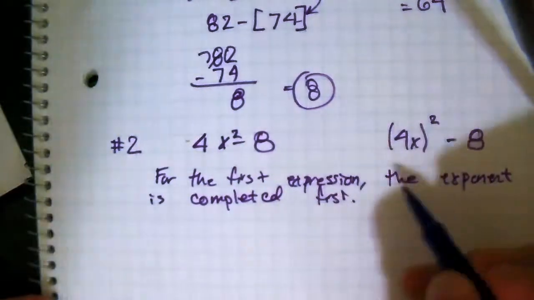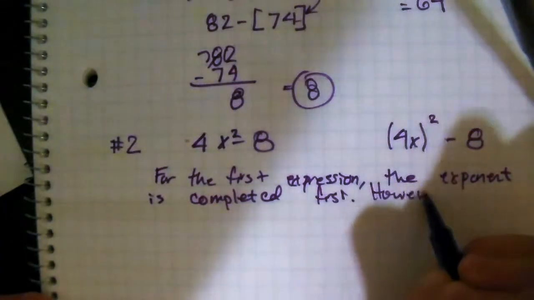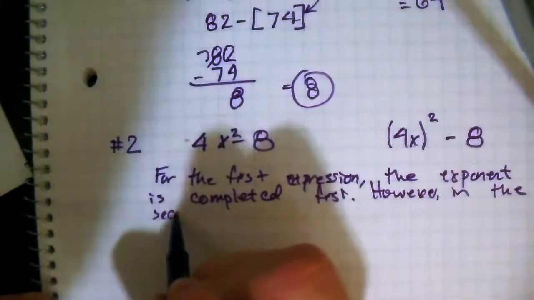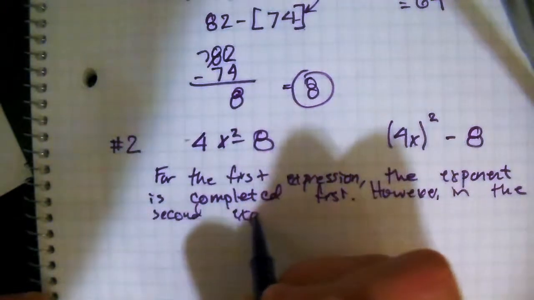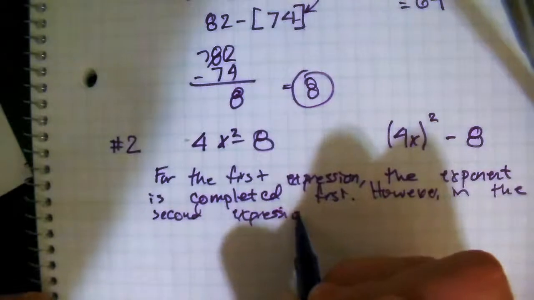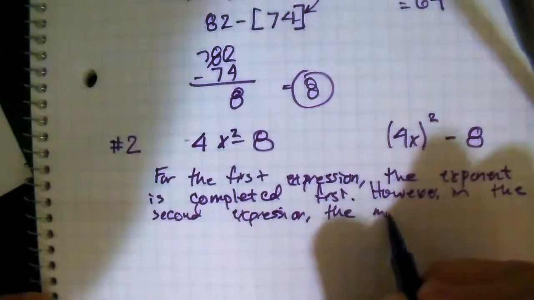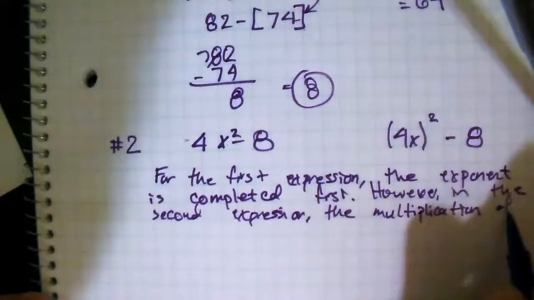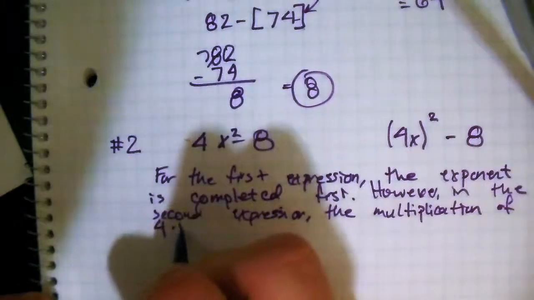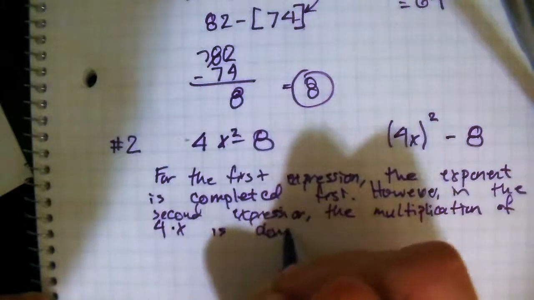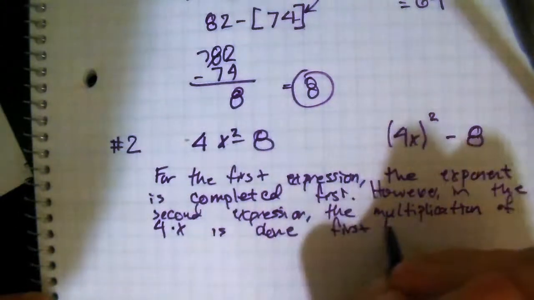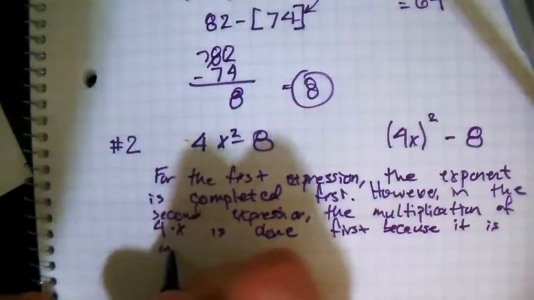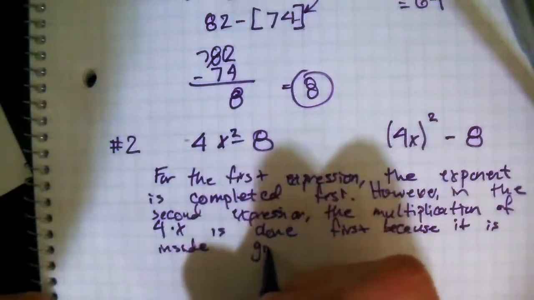However, in the second expression, the multiplication of 4 times x is done first because it is inside grouping symbols.